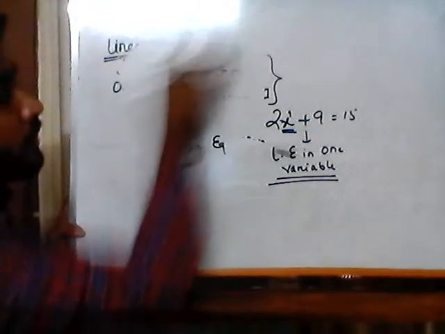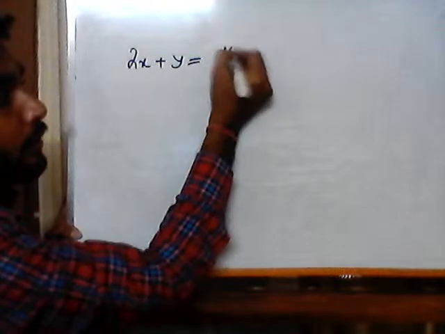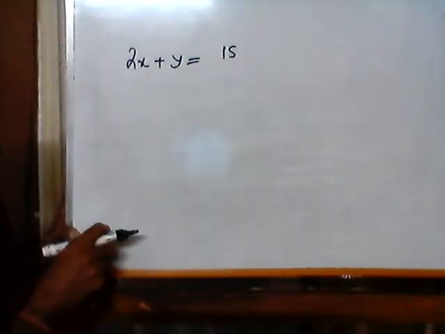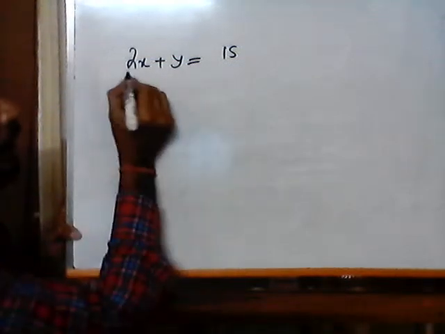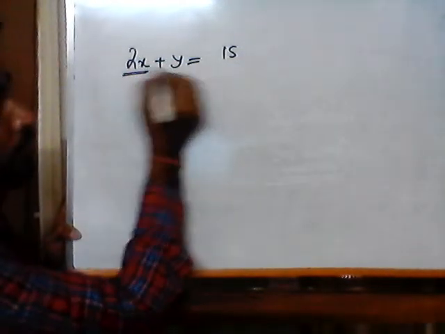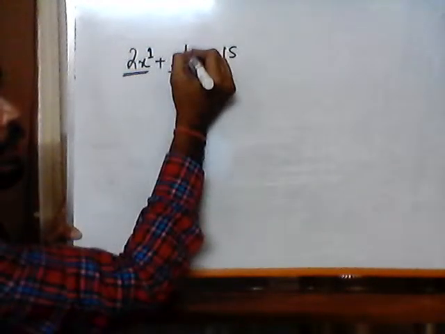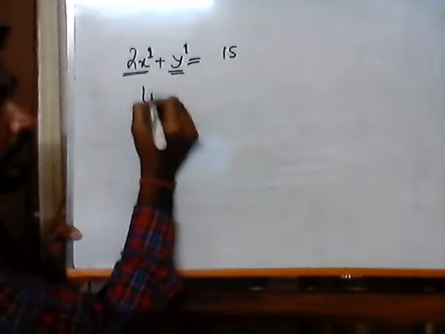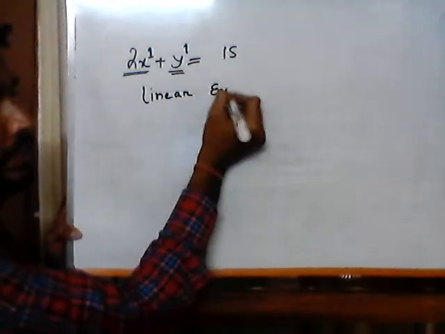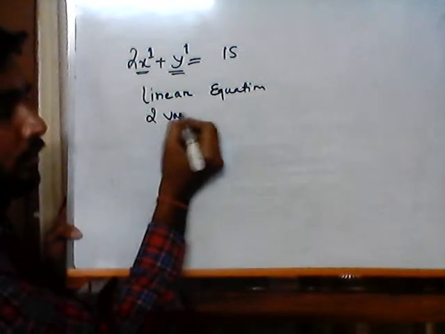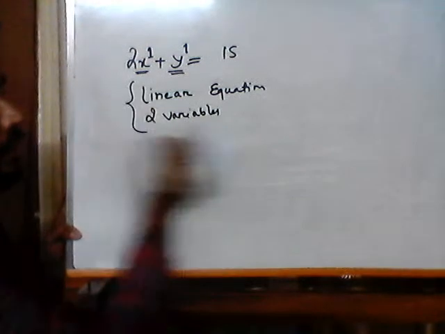So suppose I write an equation, twice x plus y is equal to 15. Now you can see how many variables. This is a variable x, and here you can see variable y. The power of variable x is 1 and power of variable y is 1. So it is obviously a linear equation since highest power is 1. And how many variables are used? Two variables are used.